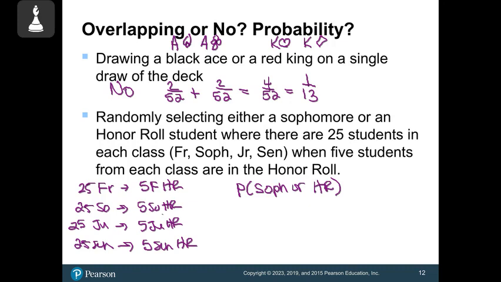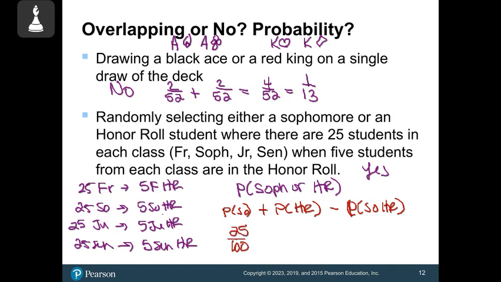I'm going to start with the probability of sophomores, plus the probability of honor rolls, minus the probability of our sophomore honor rolls. All right, if there's 25 in each class, we have a total of 100 students. And 25 of them are sophomores. So the probability of getting a sophomore is 25 out of 100.